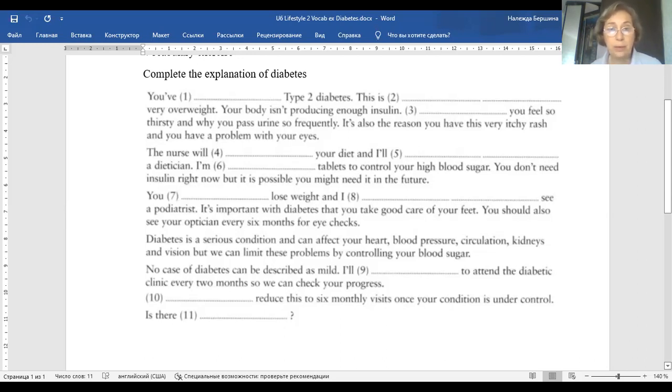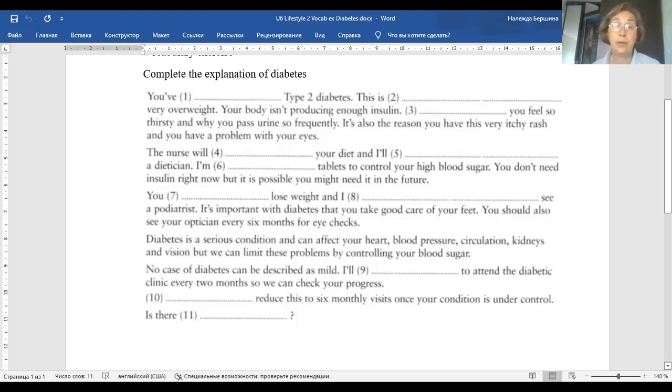So then it's also the reason you have a very itchy rash and a problem with your eyes. Okay, and the next paragraph, number 4. The nurse will... I don't know. You don't know.